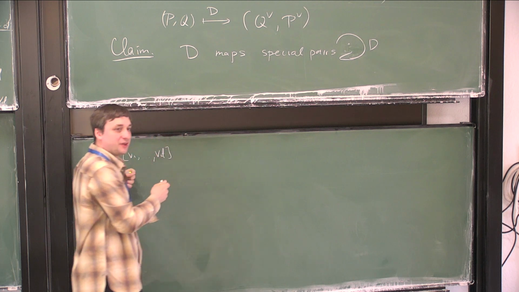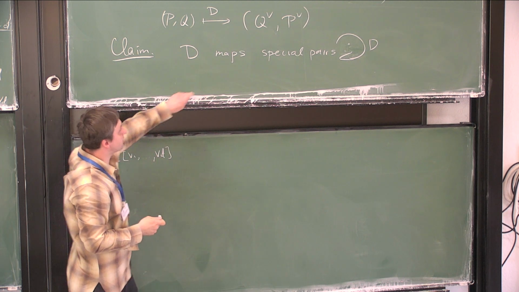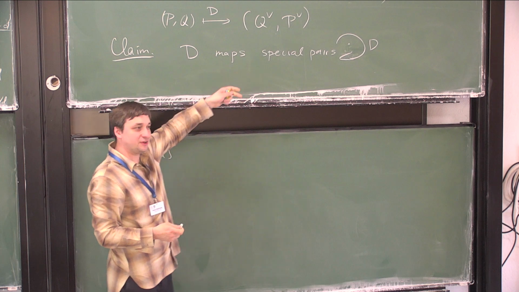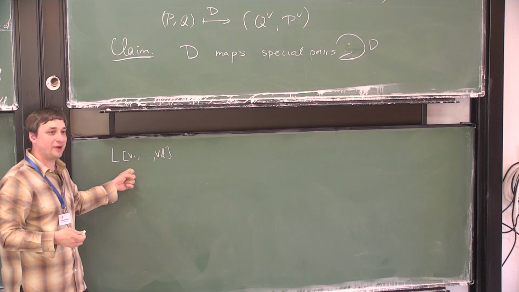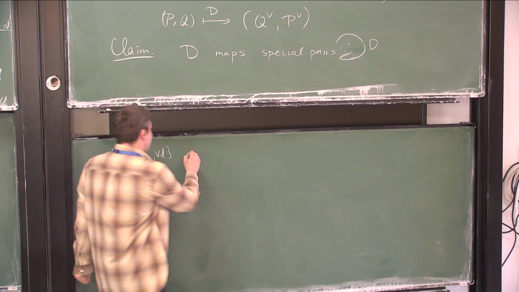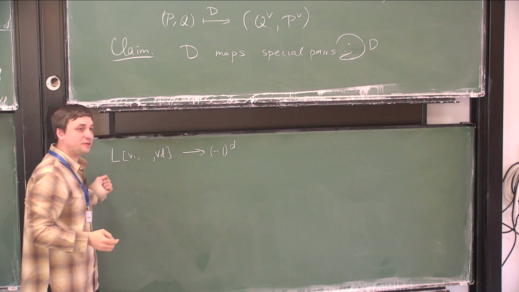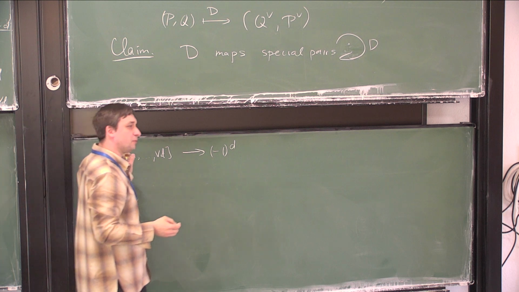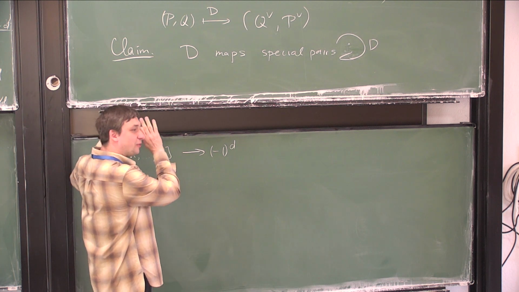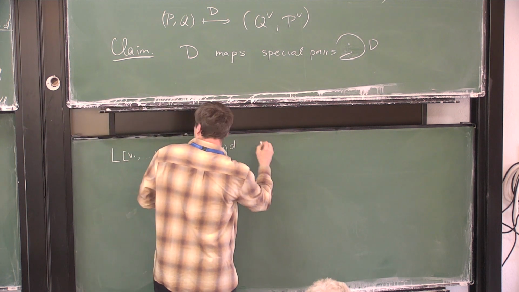It should again give you something special. In fact, it maps non-degenerate special pairs to non-degenerate ones, so it should again give you L of something. And it turns out to be exactly the relation between iterated integrals and the multiple polylogarithms that I did in the first lecture.